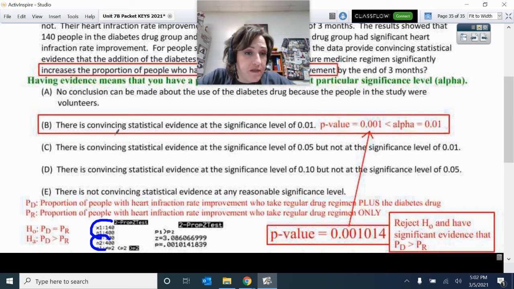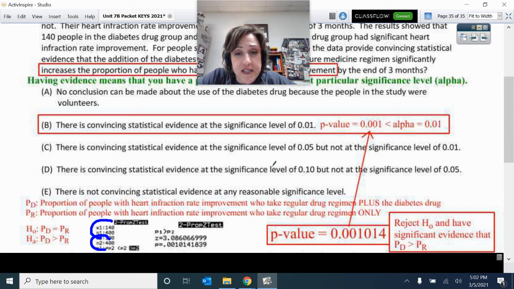So this one says convincing statistical evidence at a level of 0.05, but not at 0.01. That would have happened if the p-value had been between 0.05 and 0.02, something like 0.02, 0.03, 0.04. That would be what C is. So you had to compute that p-value.